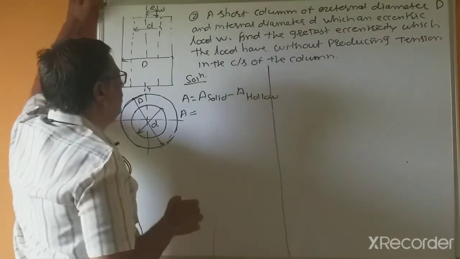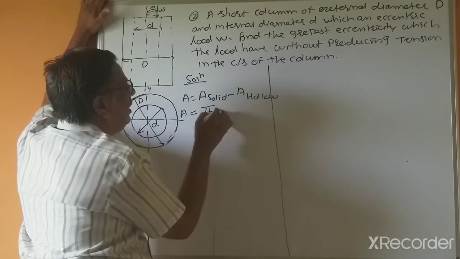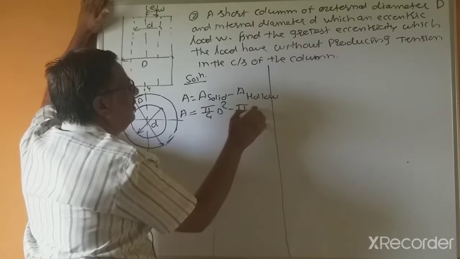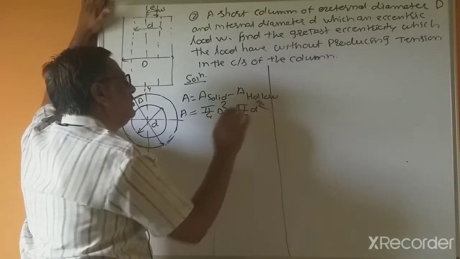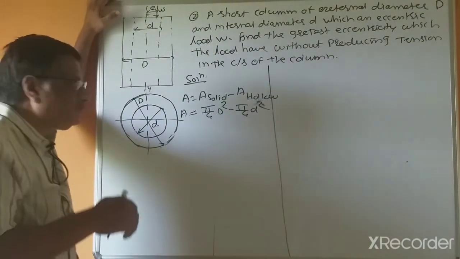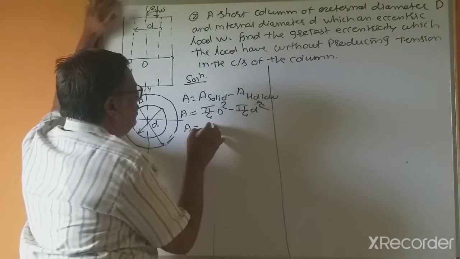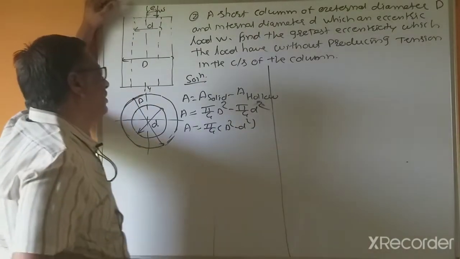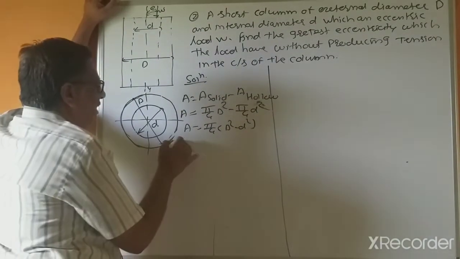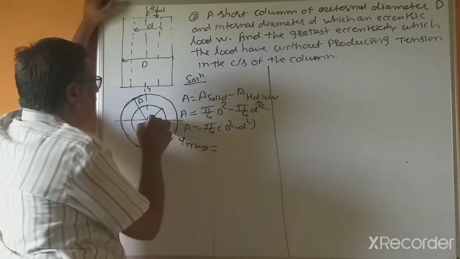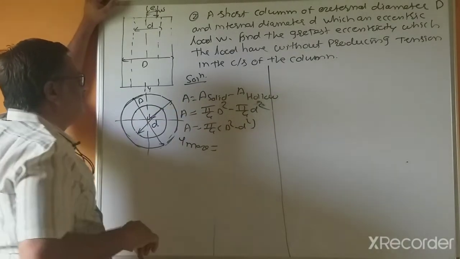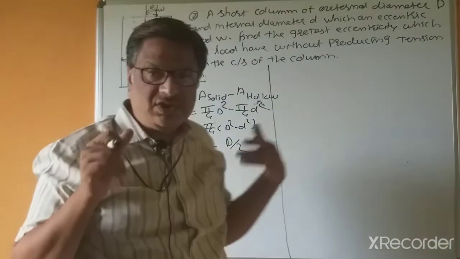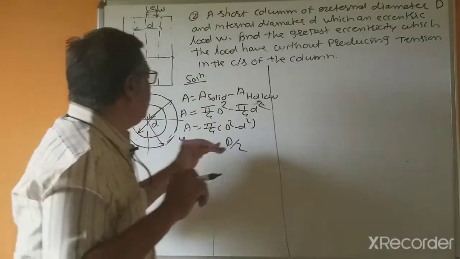Solid area equal to pi by 4 capital D squared minus small d squared. Alright. So area equal to... y max is the distance of the extreme fiber from its center, so that's why capital D by 2.